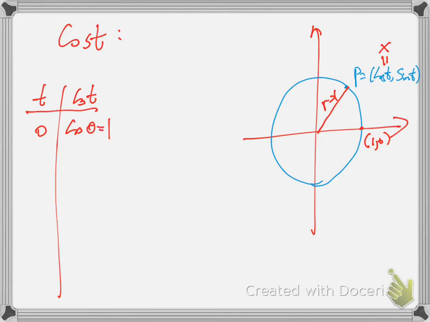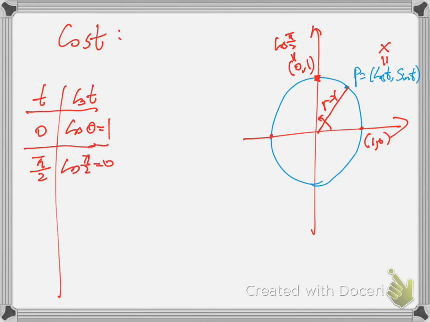So cosine 0 is 1. When the angle is 90 degrees, or pi over 2, this point is 0, 1. The x part is the cosine of the angle, so cosine pi over 2 is 0.